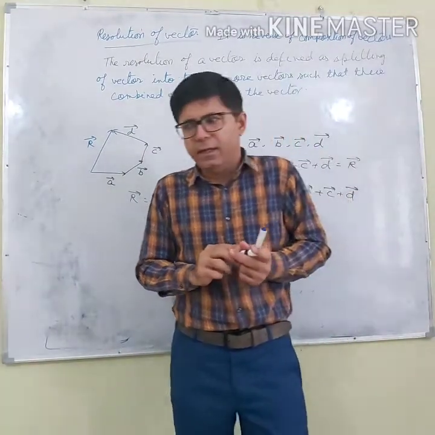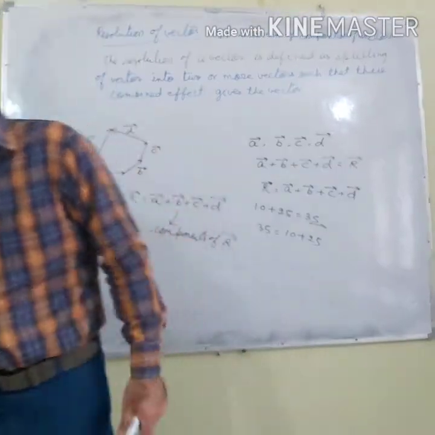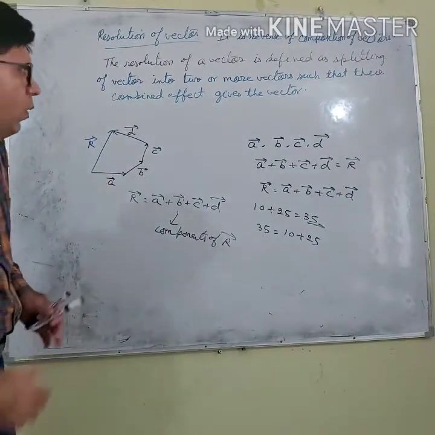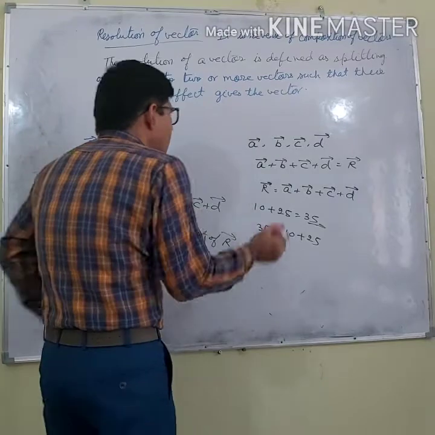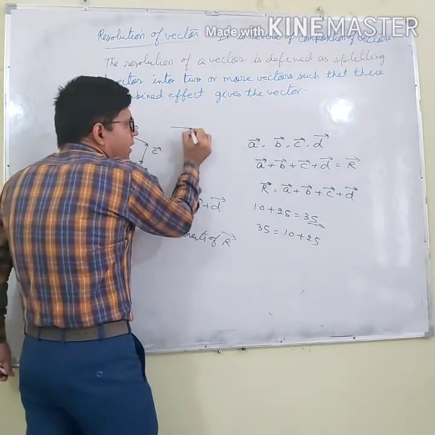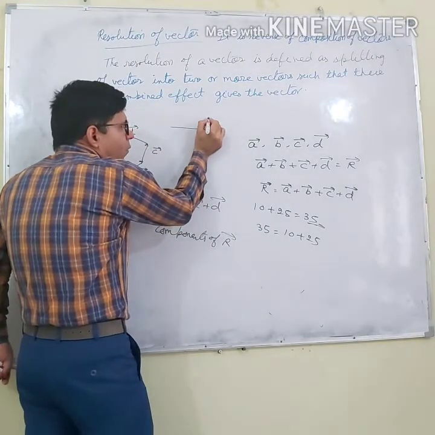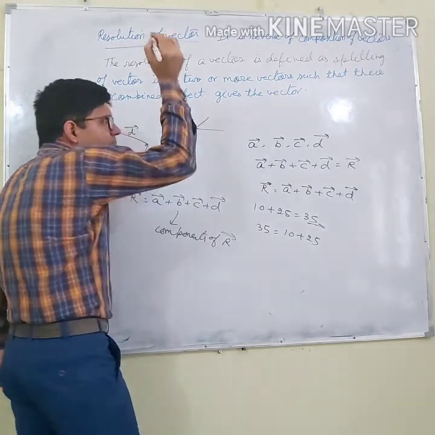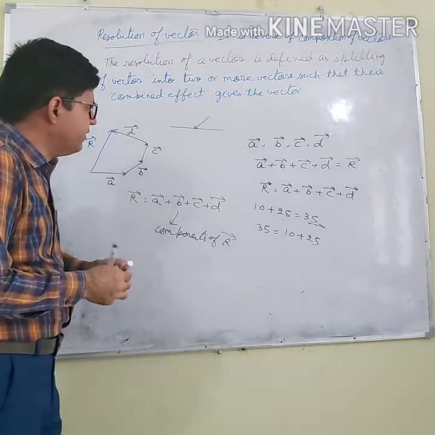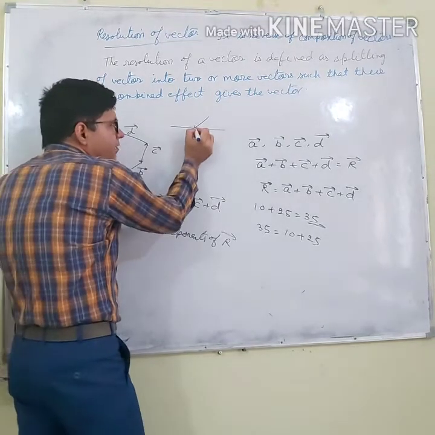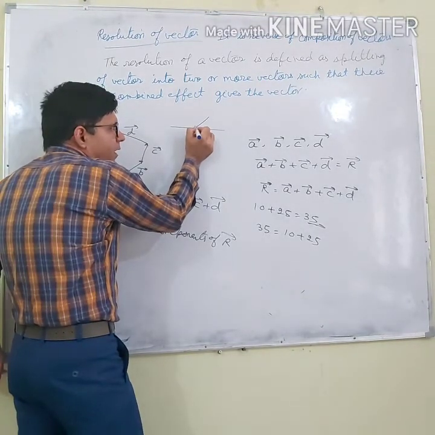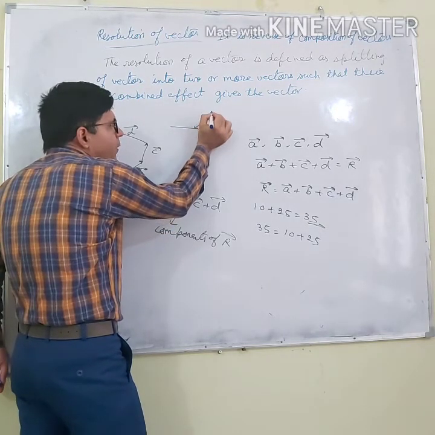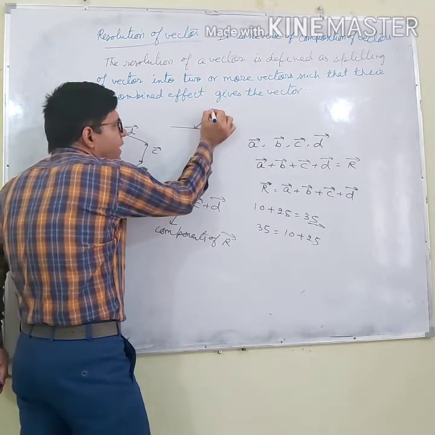Now why is resolution of vectors important? Now listen, when we walk, what do we do? We press the ground in the backward direction. Let us say this is the ground. According to Newton's third law, the ground in turn will push us in the forward direction.